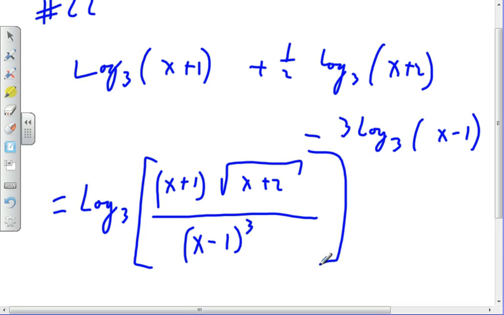When I add logs, that's the same as multiplication. When I multiply a log, that's the same as taking a power. How long has it been that way? Since Newton? Yes, at least since Newton. Probably 300 or 400 years before Newton.